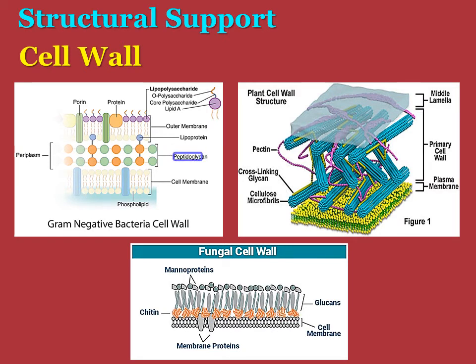The chemical composition of these cells is used to differentiate major types of bacteria and are sites of action of some antibiotics. Not all eukaryotic cells have cell walls. Both algae and plants have cell walls composed of cellulose. Fungi cell walls are made up of carbohydrates such as chitin or glucan.